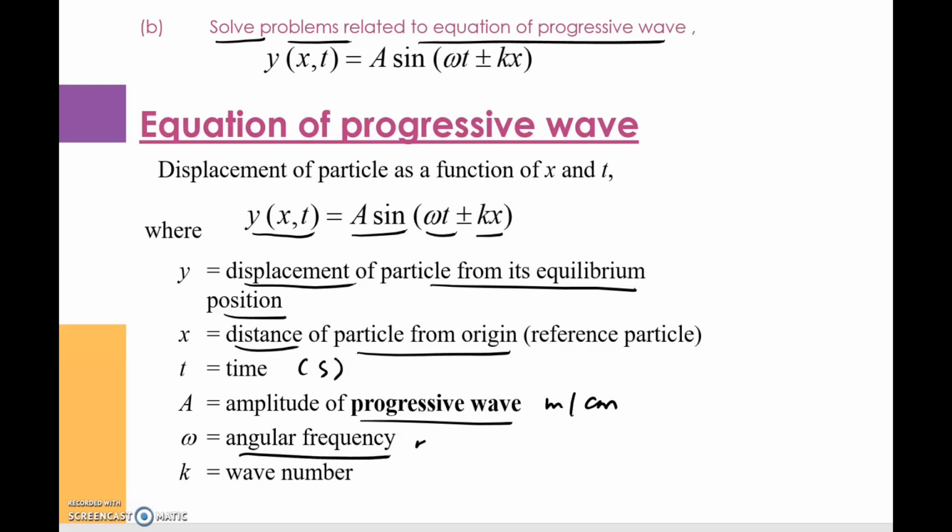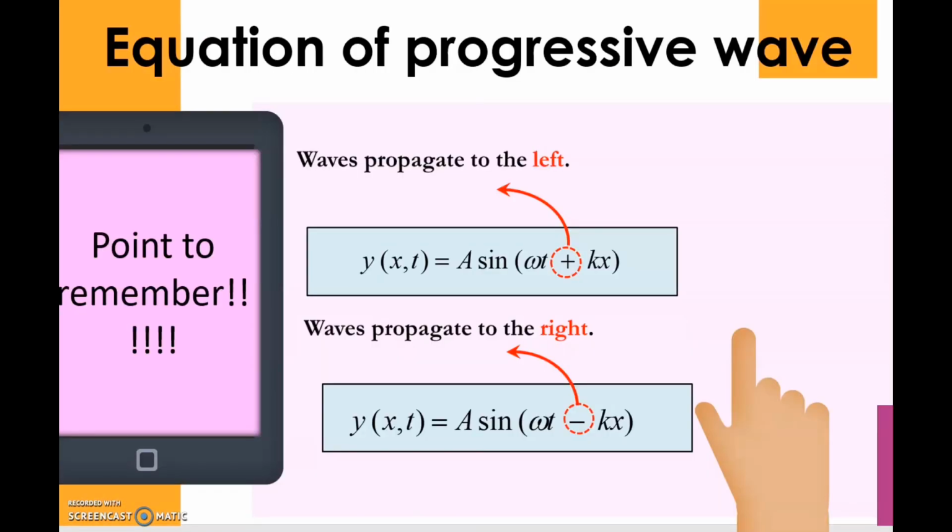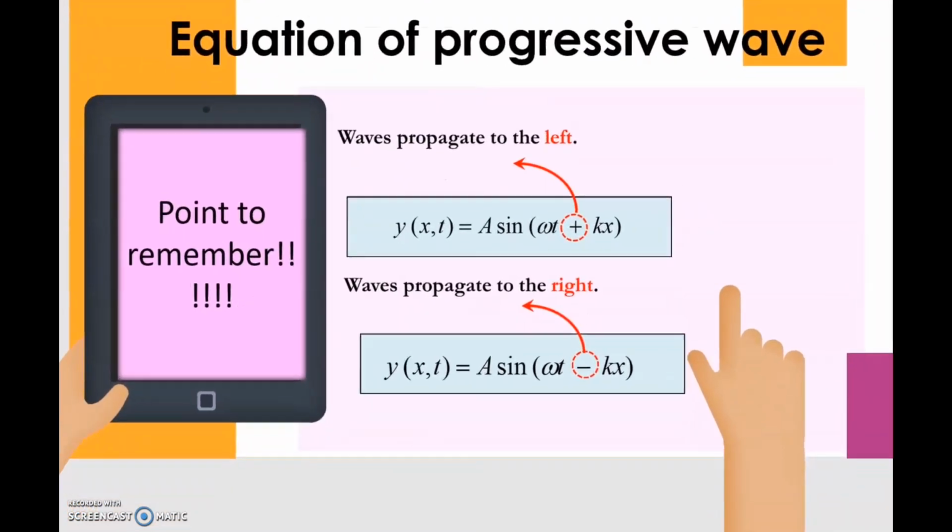We have angular frequency omega in radian per second, and wave number k in per meter. So this is the equation for a progressive wave.